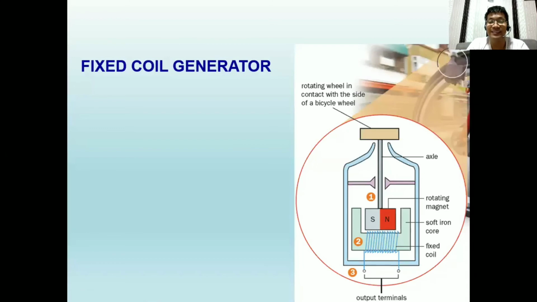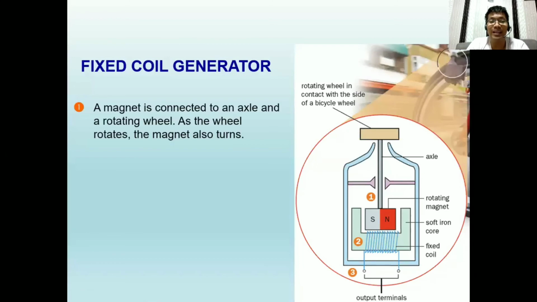So here's the setup for fixed coil generator. So number one, the magnet is connected to an axle and rotating wheel. As the wheel rotates, the magnet also turns. So this is our axle, then this is our rotating magnet. Ulit, sa fixed coil generator, ang magnet ang nagro-rotate.